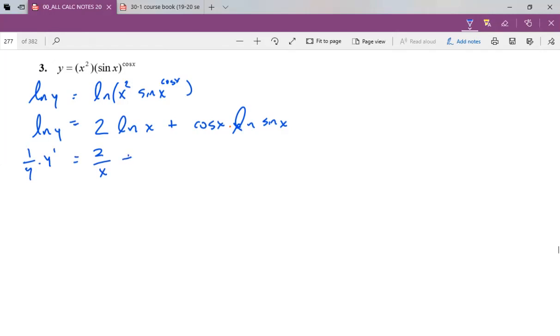So let's go plus the derivative of cosine, which is negative sine x, times ln sine x stays the same. We're going to add that to cos x times the derivative of ln sine x. So 1 over sine x stays the same when we chain rule it, times the derivative of sine, cos x.